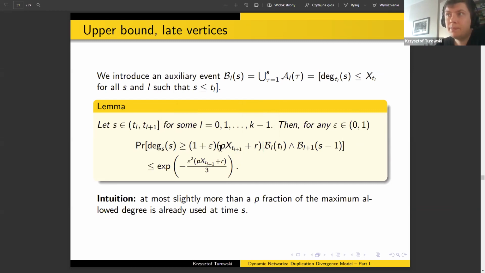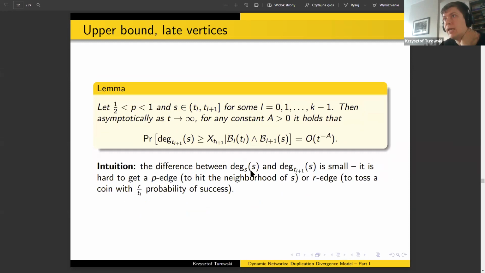But we assume that p is less than 1, epsilon can be arbitrarily small, and x is growing, so that actually these vertices cannot, with any noticeable probability, be the vertices with maximum degree.